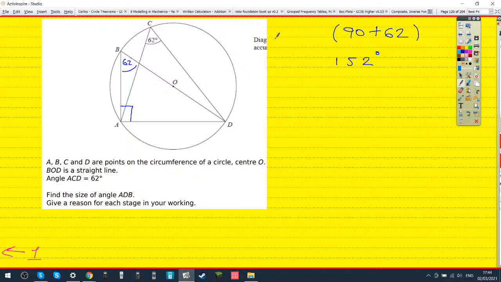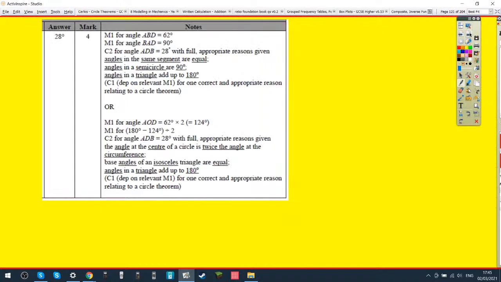So then you have to do 180 minus 152, which is 28 degrees. It's 28 degrees.